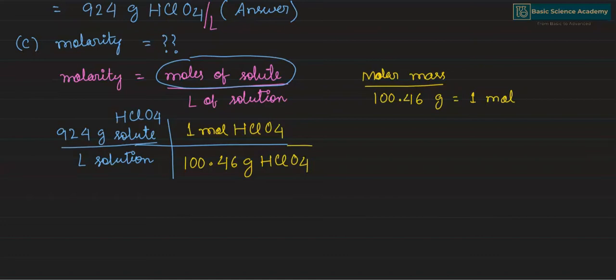Now grams of HClO4 will cancel out to give moles of HClO4 per liter of the solution. This gives us 924 divided by 100.46 mole HClO4 per liter solution.